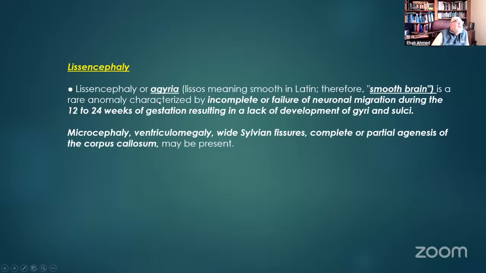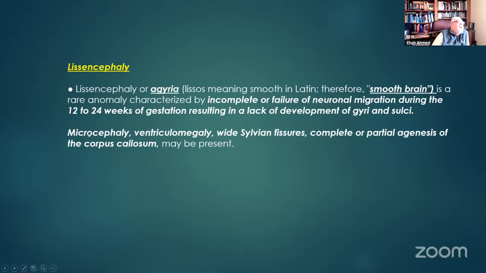And then another term which you come across, not related to this baby, not in the differential diagnosis of this baby, is lissencephaly. Lissencephaly means the brain is smooth. Smooth brain means there are no gyri, because there is failure of neuronal migration. So the cortex has no or minimal or a small amount of neurons. That's why the brain is smooth, called lissencephaly.